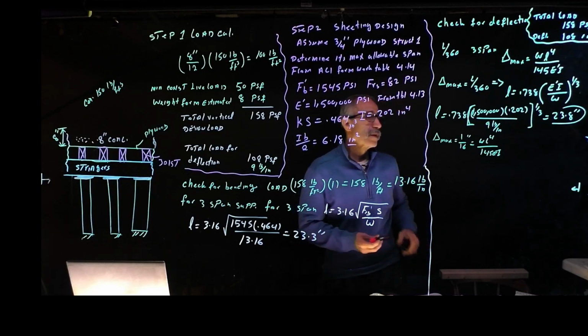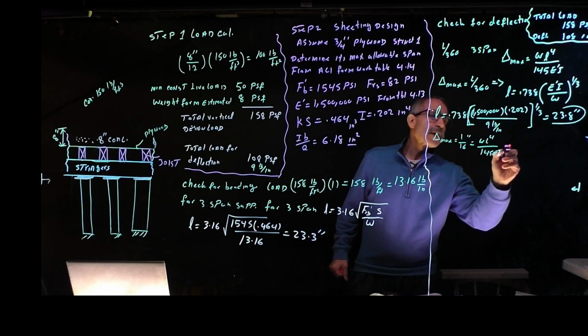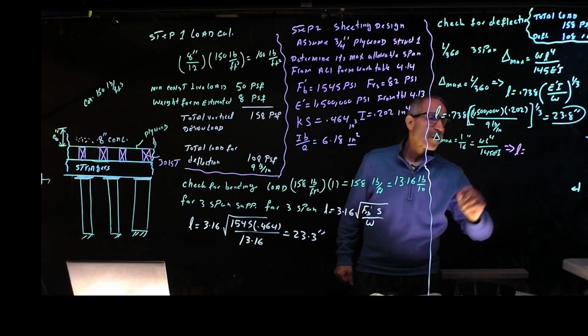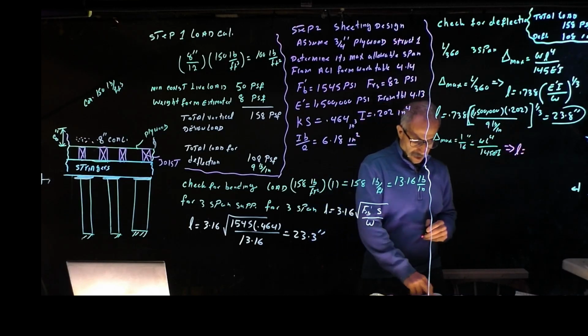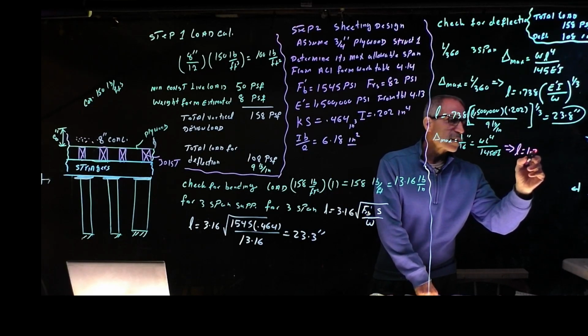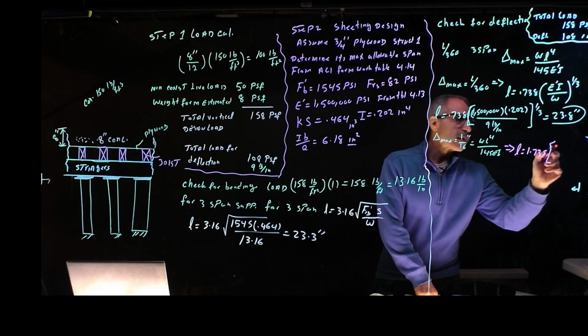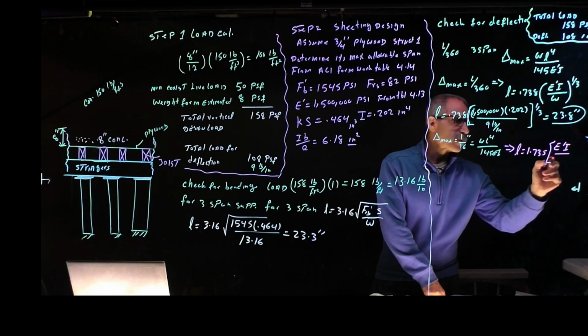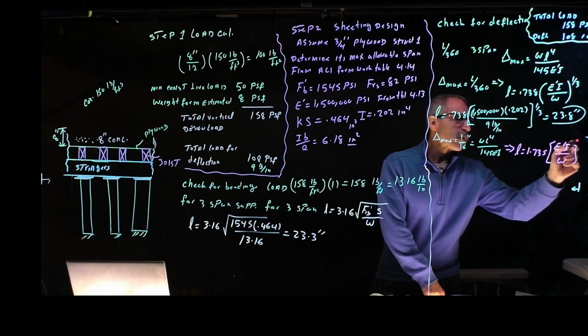Pink is good. Based on that, the allowable span length is given by this equation: L equals 1.735 times E prime I, divided by w, to the power 1/4.